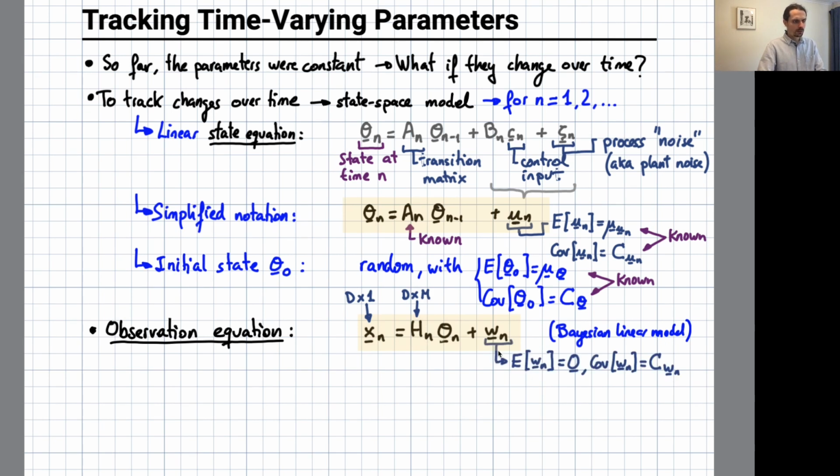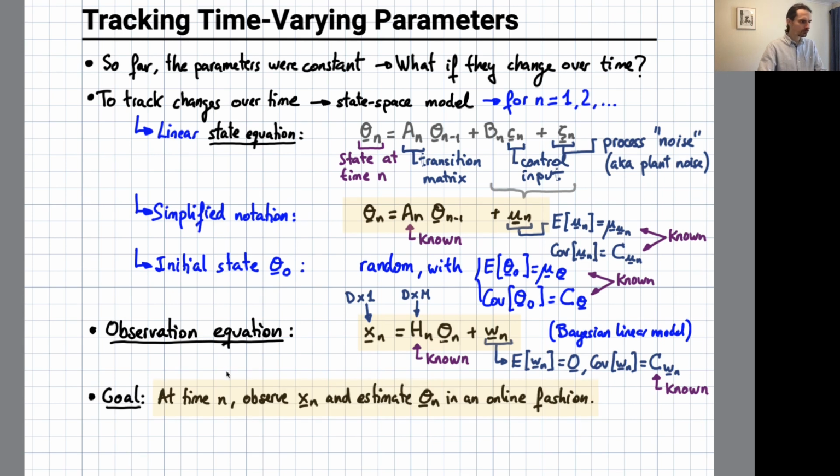The mean of the noise will be assumed to be 0 as always, and the covariance matrix will be denoted in this way. Both that covariance matrix and the observation matrix will be assumed known. So the goal is as follows.